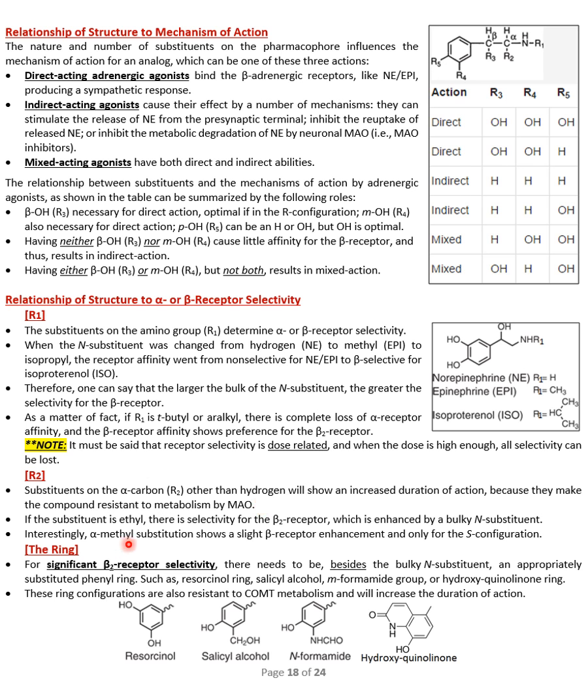As a side note, it was found that adding a methyl substituent would only slightly enhance the beta receptor selectivity. So it has to be an ethyl group, not a methyl. Nothing is mentioned about the protection from the metabolism, so it's only unique to the ethyl group.